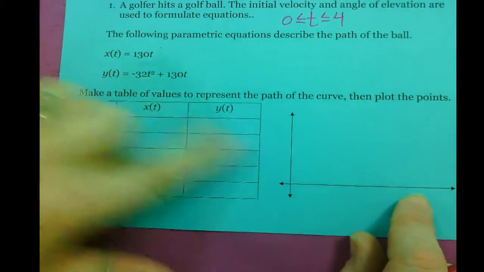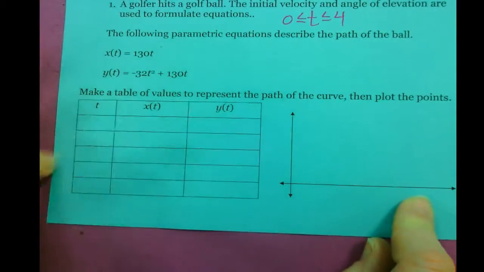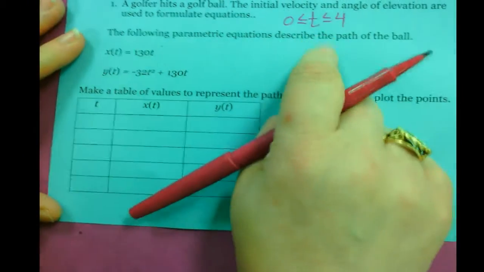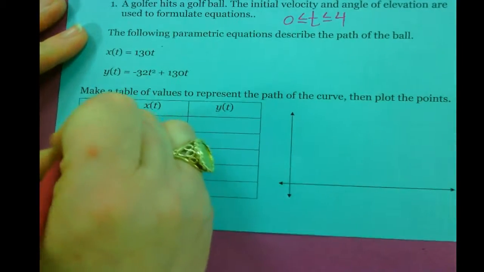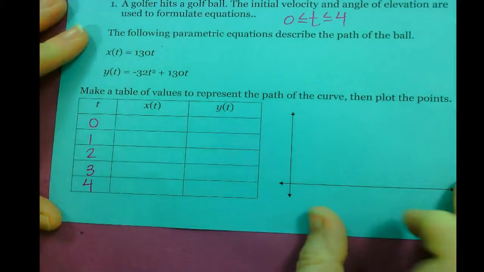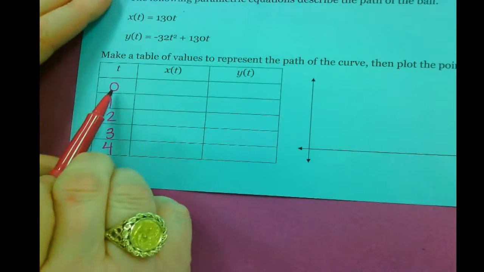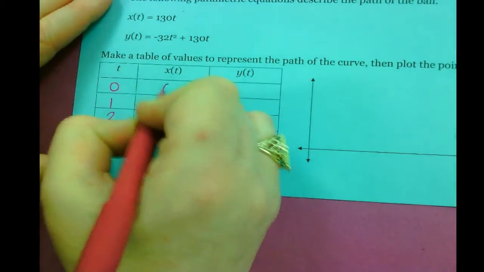So when you have your t table, you have 3 columns instead of just 2. And our t here goes from 0 to 4, so we're going to put in 0, 1, 2, 3, 4. And then our x of t, that means we just substitute 0 in here, we get 0.